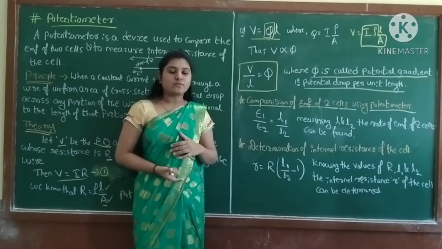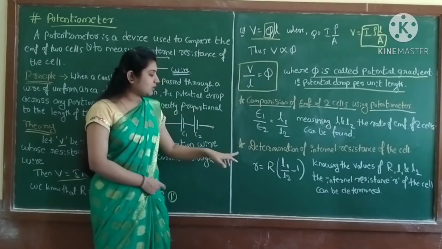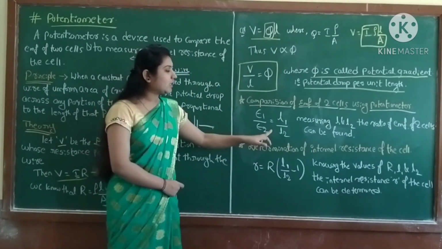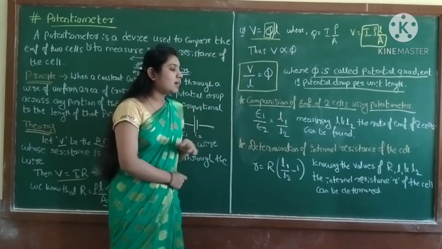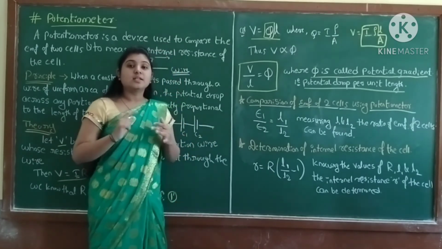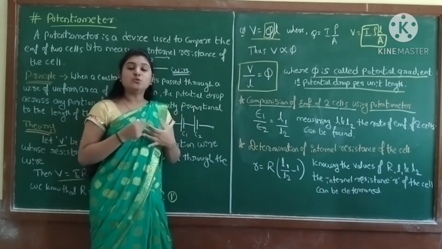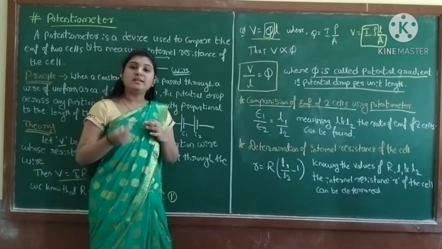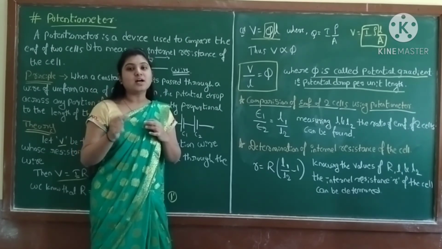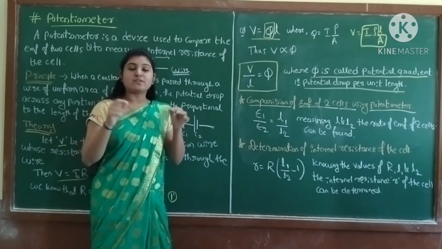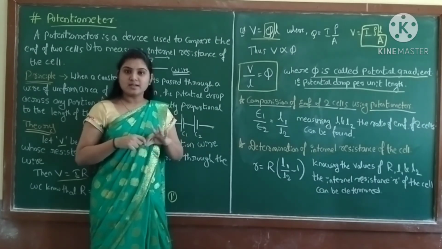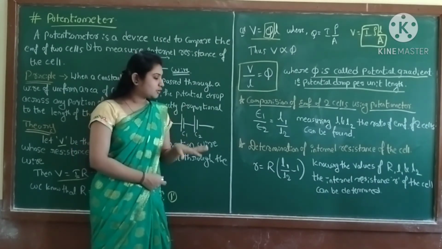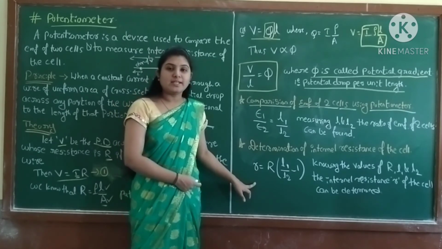Then afterwards, the second application, that is determination of the internal resistance of the cell. So, the potentiometer is used to determine the internal resistance of the cell, that we connected in the circuit diagram. Understood? So now, what is the formula here?